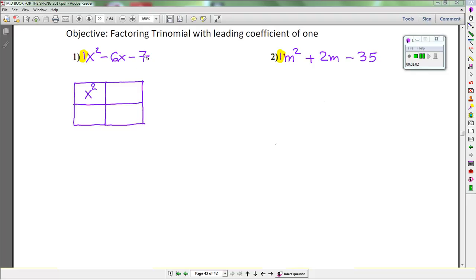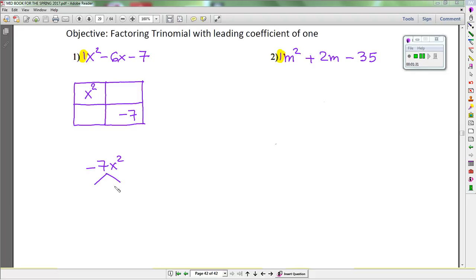And the last term in the bottom right corner of my 2 by 2 box will be negative 7. Next, you are going to multiply your top left and your bottom right, so that will give you negative 7x squared.